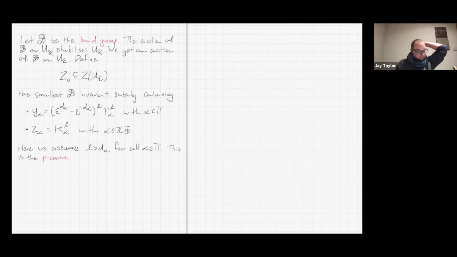Okay, so we also can construct, we've already basically seen how to construct the Harish-Chandra center at the level of UK in the previous talks, and one can take that construction for the Harish-Chandra center and specialize it, just like we specialized the quantum Casimir element, to get another central subalgebra of U epsilon.